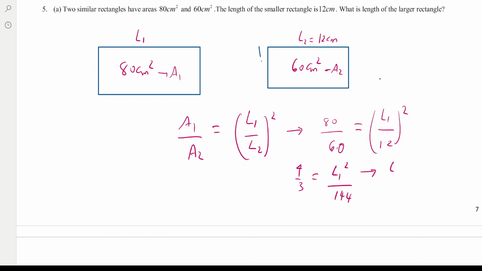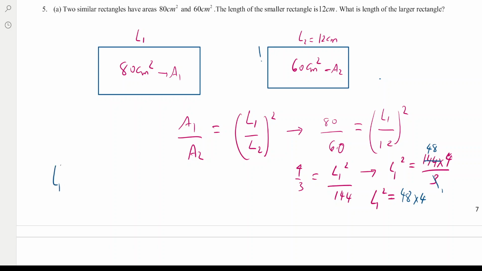From this, you have L1 squared equals 144 multiplied by 4 divided by 3. L1 squared, dear students, will be equal to, you simplify by 3. By 3 here will be 1, by 3 here will be 4, 8. So you have L1 squared equals 48 times 4.